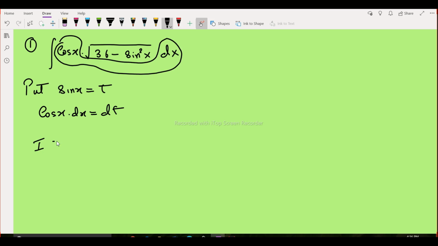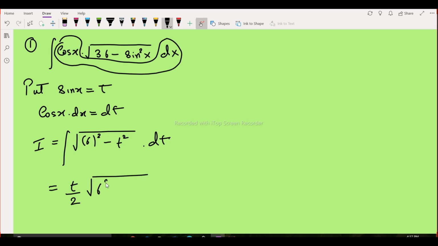So my integration will become integration of root of 6 square minus t square dt. And now you get the formula, this is a square minus x square. Now I'll just apply the formula. The formula is x by 2, so t by 2, since everything is in t, t by 2 root of 6 square minus t square plus 6 square by 2 sine inverse t by 6 plus c.